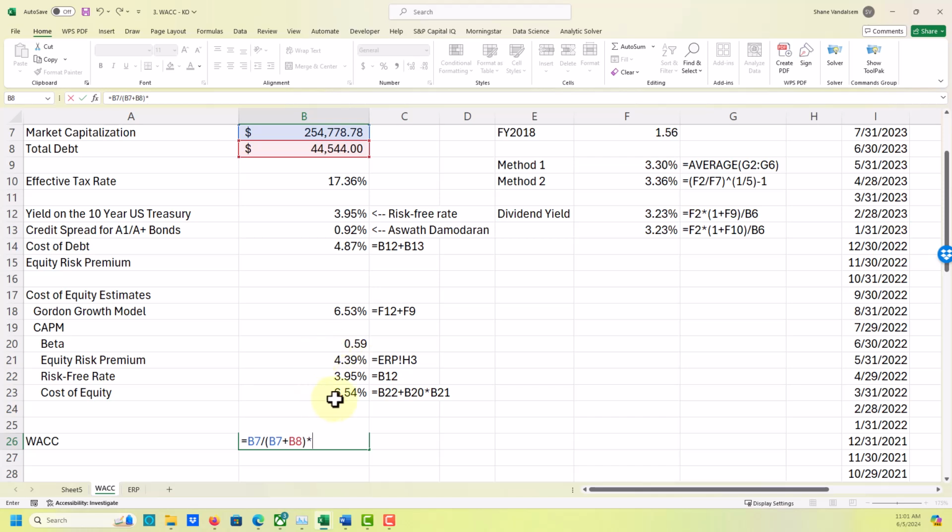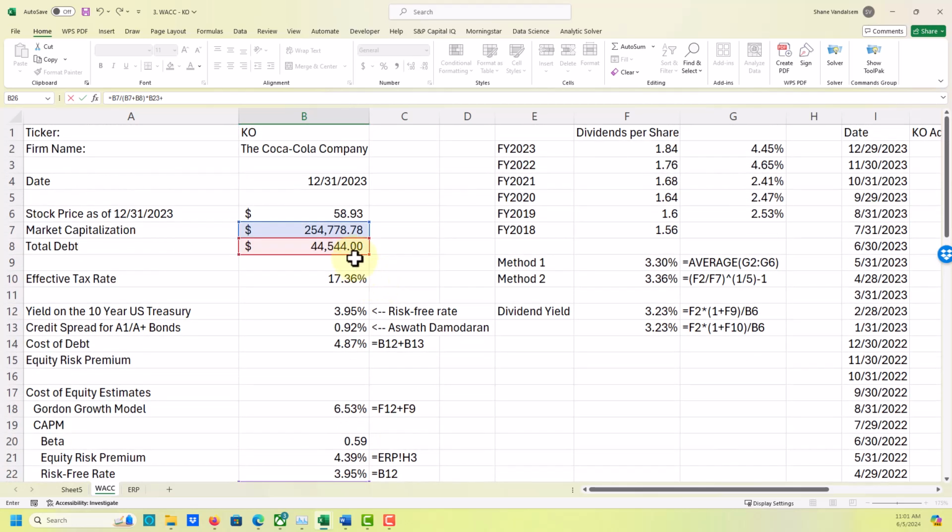You can use either one here. They're so close that it really doesn't matter. I'm going to use a 6.54 plus my debt value divided by, in parentheses, my equity plus my debt, multiplied by my cost of debt, the 4.87%, multiplied by 1 minus the tax rate of 17.36%.